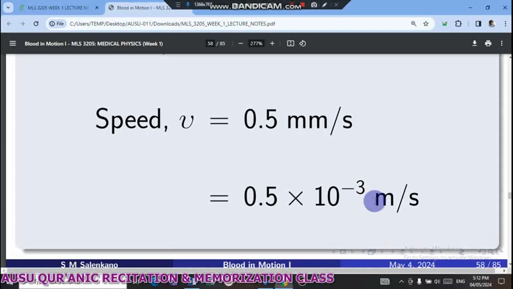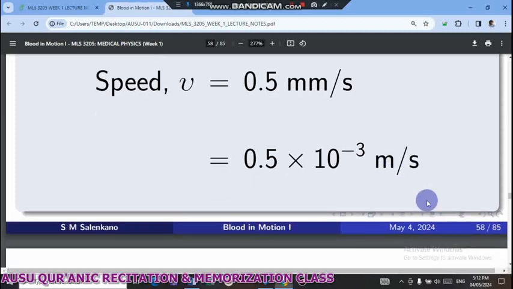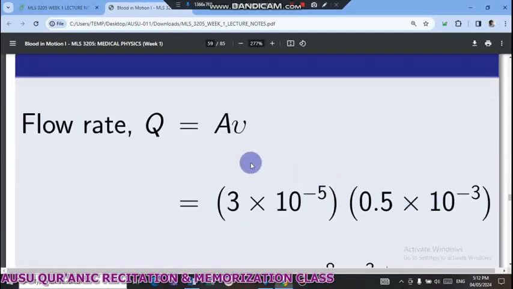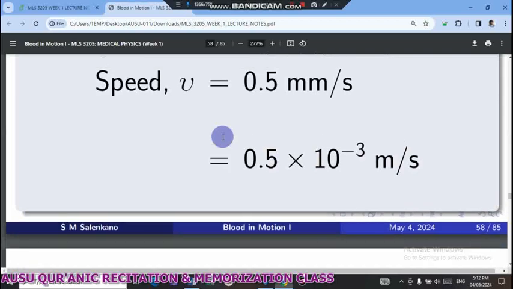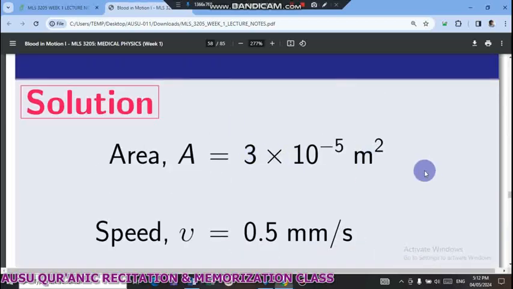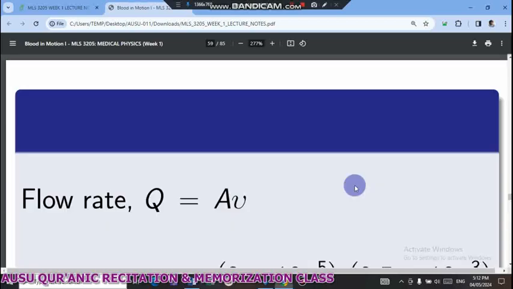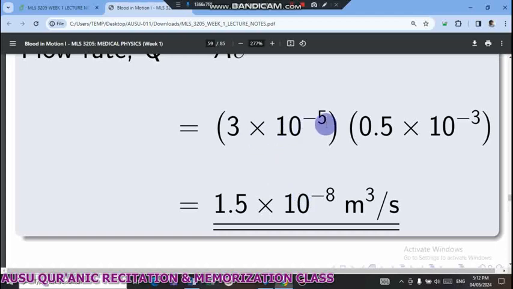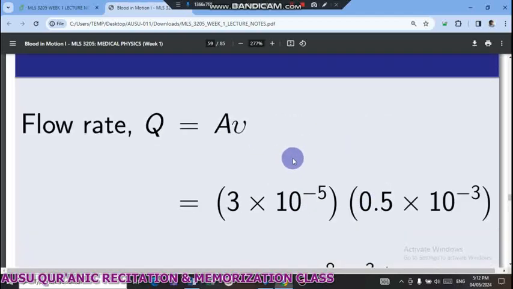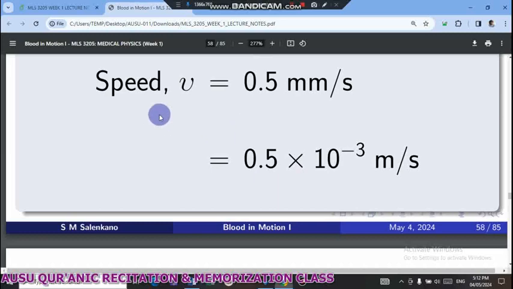So the next thing is to write the formula for calculating the flow rate. Flow rate Q equals AV, and your A is this quantity. Can you see this quantity? So you put that in bracket, 3 times 10 to the power minus 5. In the second bracket, you put your speed, the converted speed, not this one.